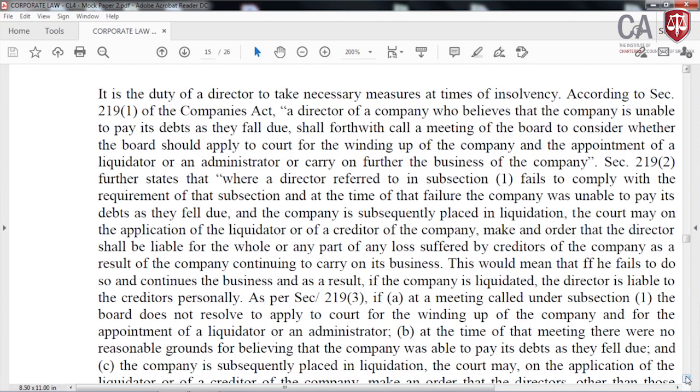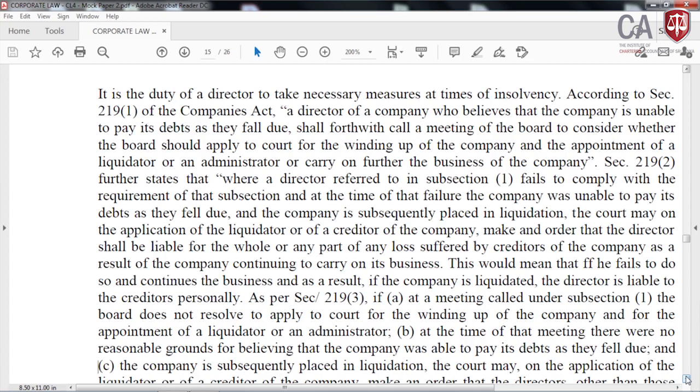That is a failure on the director's duty to conduct a proper solvency test and arrive at the proper determination whether that company can pursue, mainly on the balance sheet test. This would mean that if he fails to do so and continues the business, and as a result the company is liquidated, the director is liable to creditors personally. Now that is the danger.